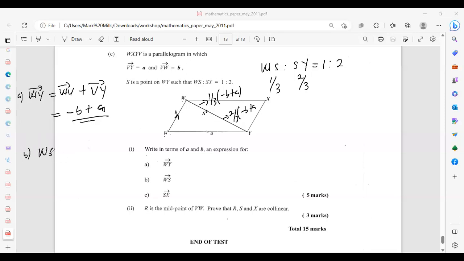So WS would have been 1/3 bracket negative B plus A. Do you see that? Yes. Sir, can you go over that one, please?